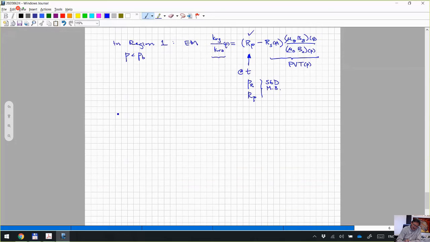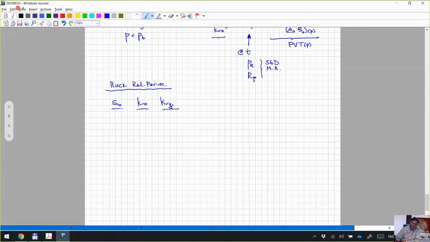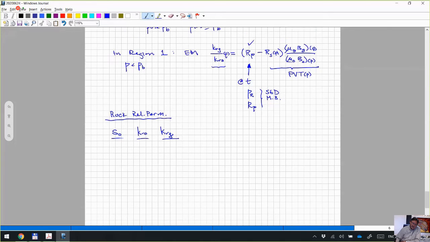And so if you had a set of rock relative permeabilities, then you would have oil saturation, KRO, and KRG. Okay? That would be your rock relative permeability, right? But what we knew over here is a function of pressure. We knew the ratio KRG over KRO.